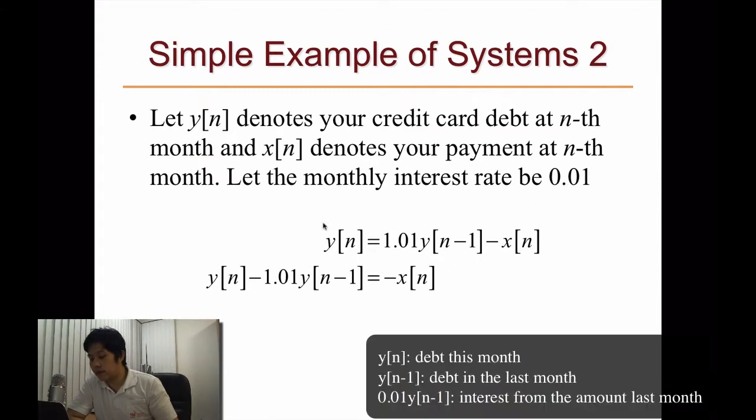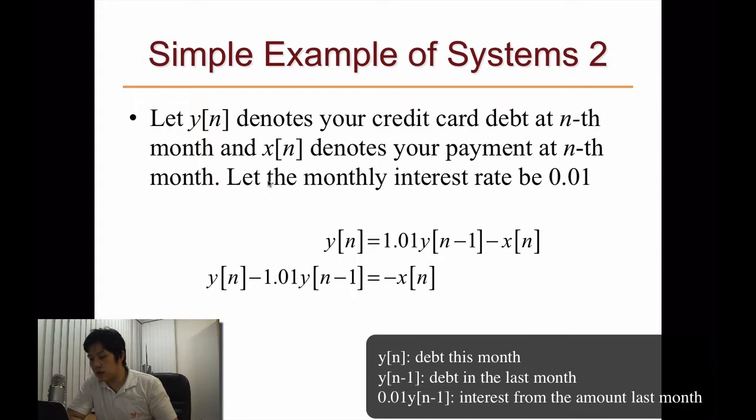That is y[n], this is the debt at the month end, equals 1.01 y[n-1], where y[n-1] is the debt that you have in the last month, at n minus 1, and we add the 0.01, which is an interest rate, and minus x[n], the amount you paid at the month end.